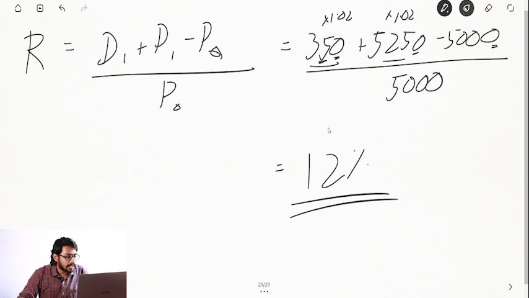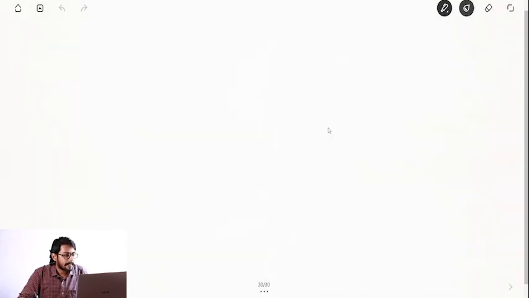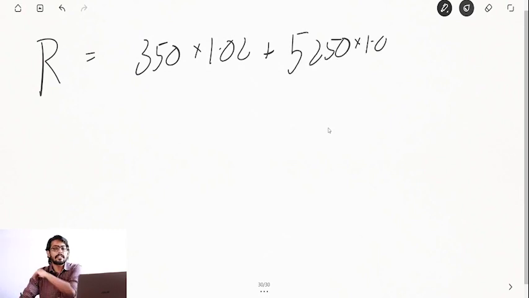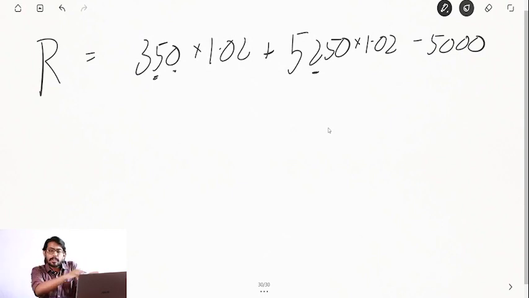So, accordingly, you will get return equals 350 into 1.02 plus 5250 into 1.02, or you could take 5250 plus 350, 5600 into 1.02 minus 5000. I have considered the effect of dollar appreciation. Since the value of dollar has appreciated, $350, when you convert to your home currency, will have that 2% increase with respect to 5000.